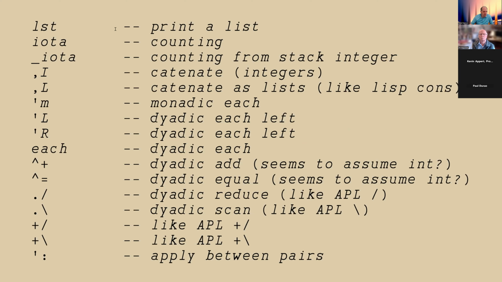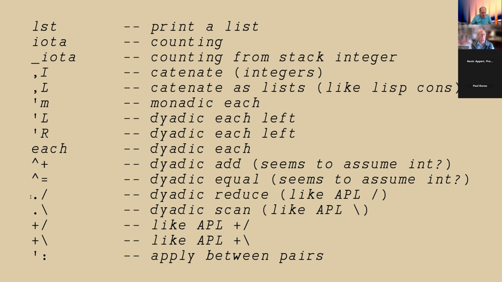And then there are a bunch of words that are general. For example, a useful one if you're dealing with the command line is list, which will print not just a list, it'll print any of these boxed values. You can do iota, which is, remember that iota symbol in APL, and underscore iota will take it off of the Forth stack. There's catenates with integers, or generalized ones with lists. There's the monadic operations.